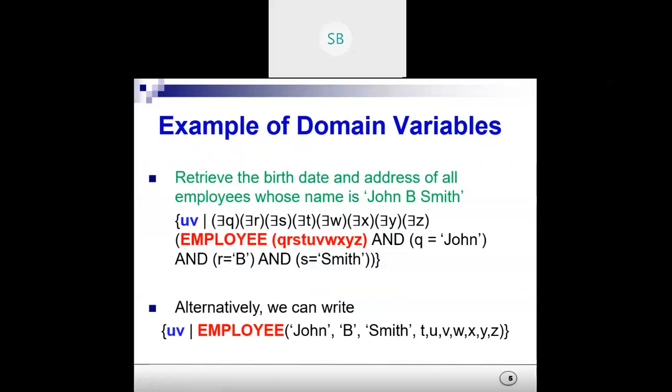Now there is a question: you want to retrieve the birth date and address of all employees whose name is John B. Smith. So you should find out which variables refer to birth date and address.